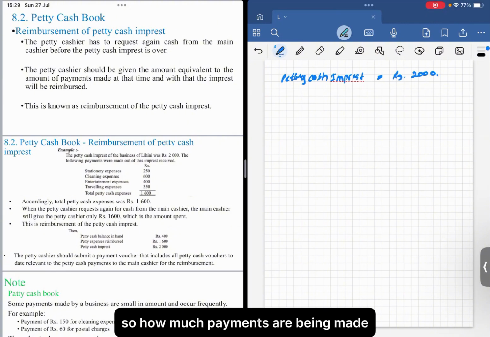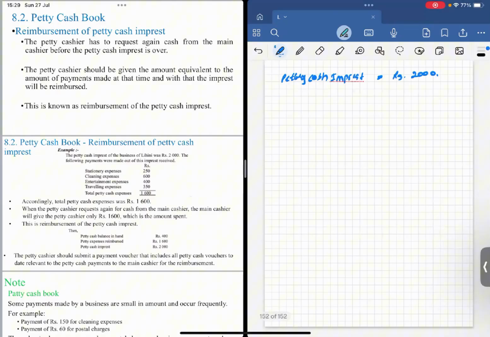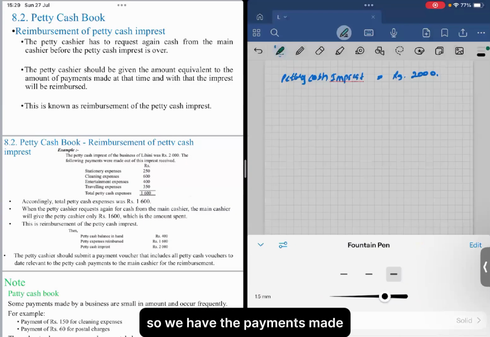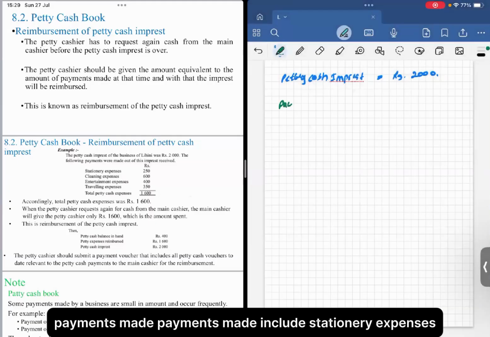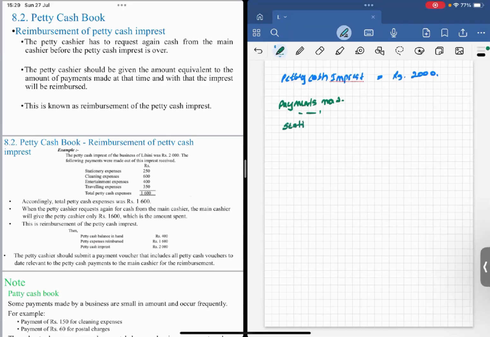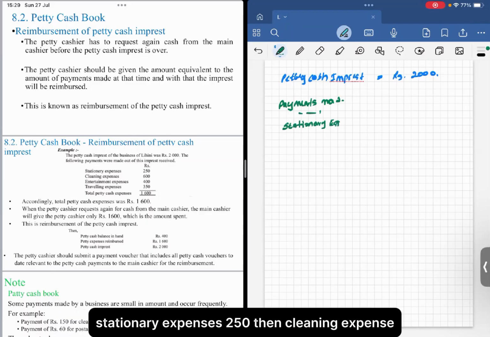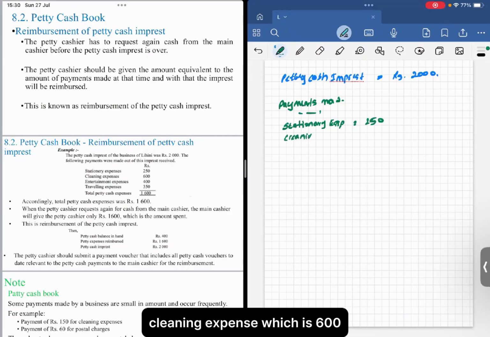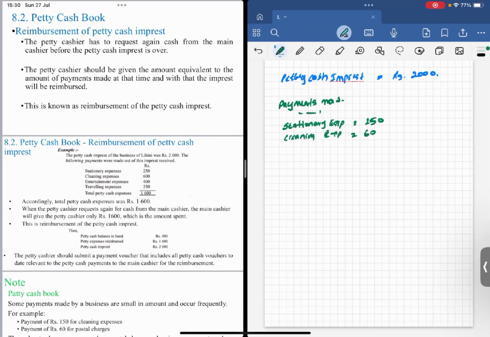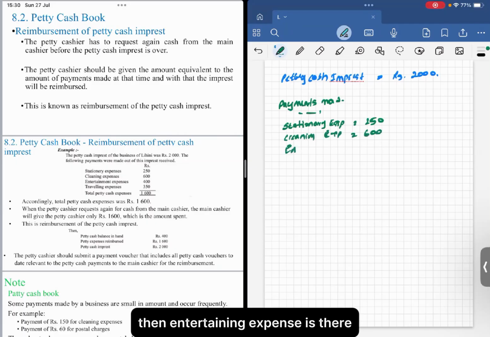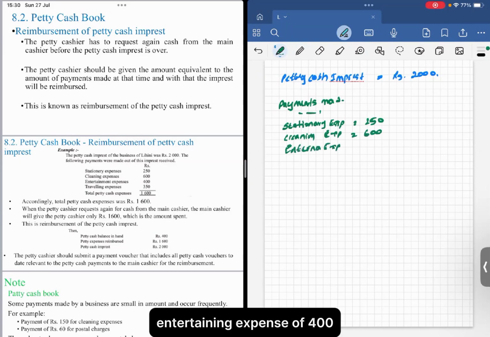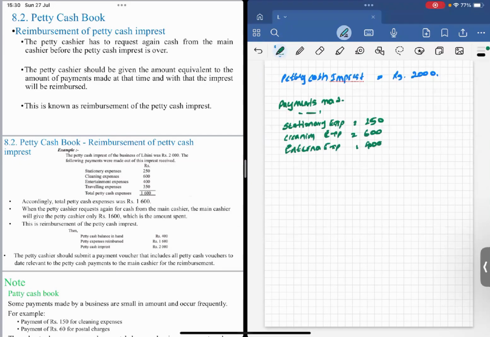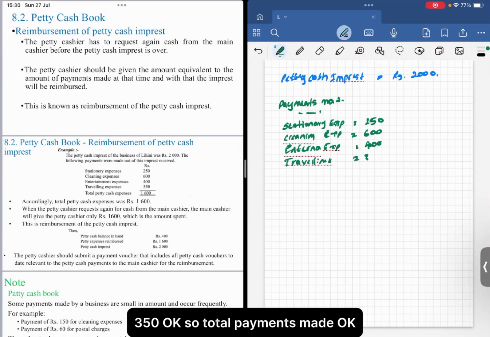So how much payments are being made? The payments made include stationery expenses 250, then cleaning expense 600, entertaining expense of 400, and traveling expense of 350.